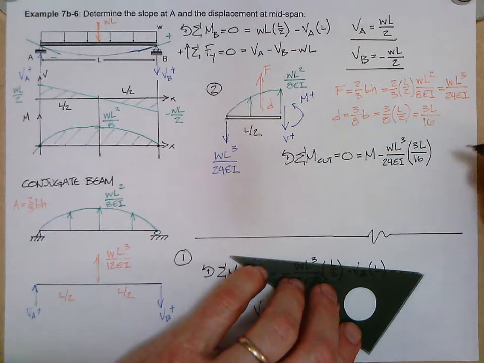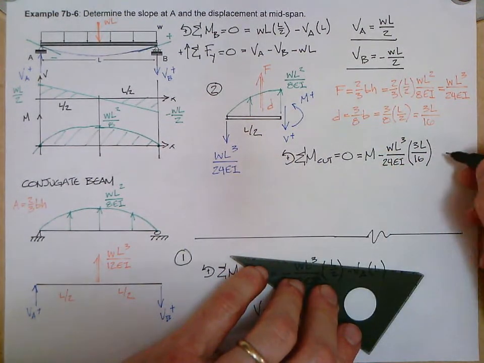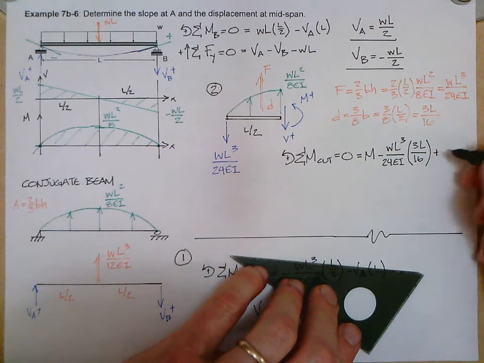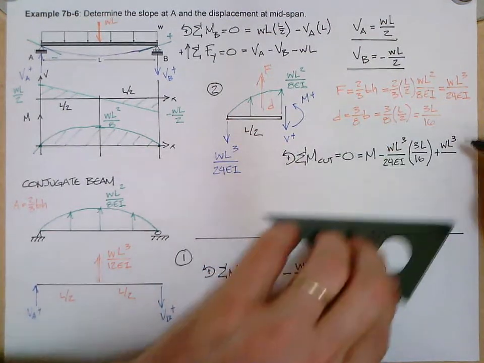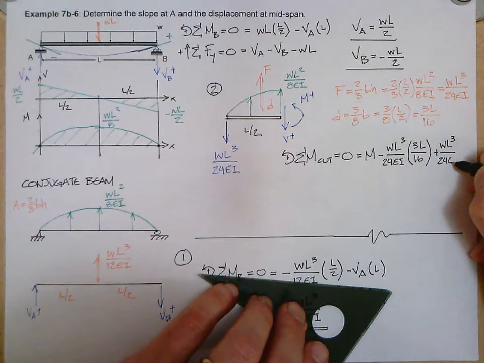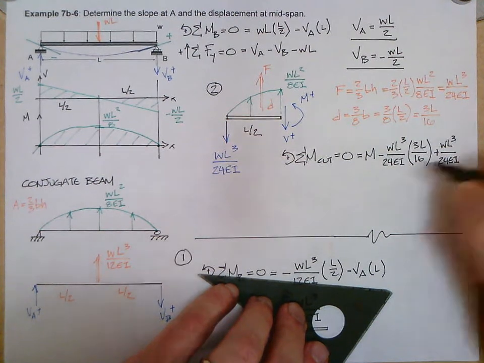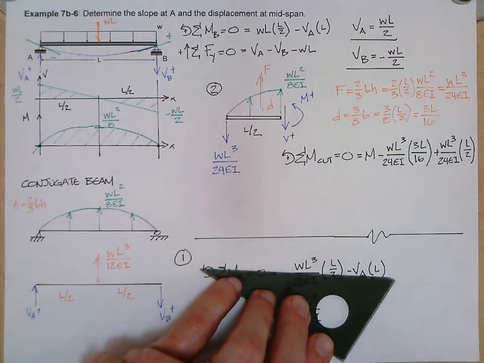And then what do I have left? Oh, the reaction here. It's creating positive moment. I don't know if I can squeeze it in here. I'll try. So I got WL cubed over 24EI times this distance, which is L over 2. That just fits.